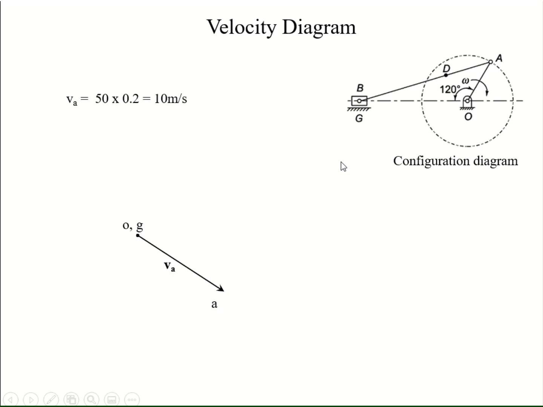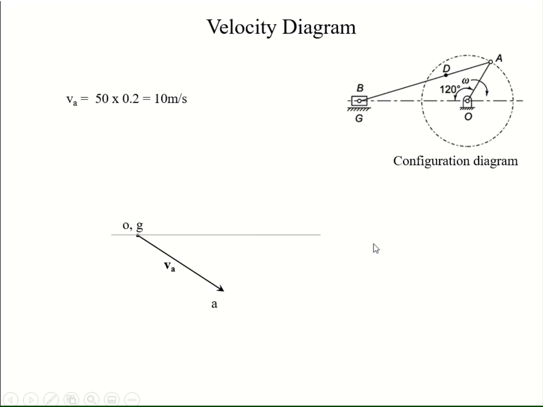Next, we know that the slider is always moving in the horizontal direction. So we know the direction of the velocity vector of B, and we can draw this direction in the velocity diagram as shown over here.